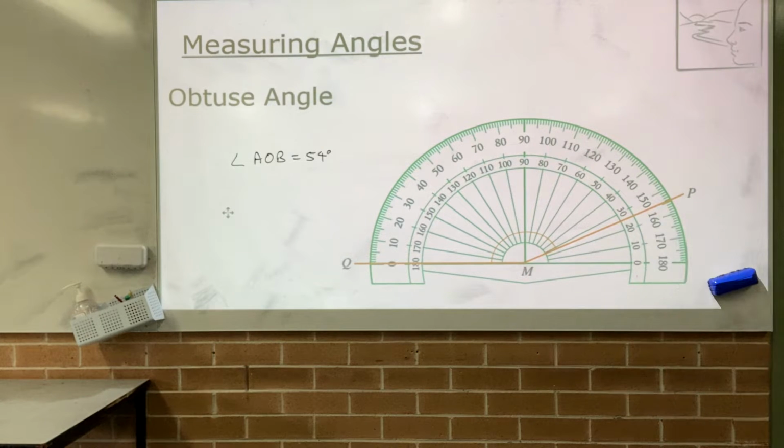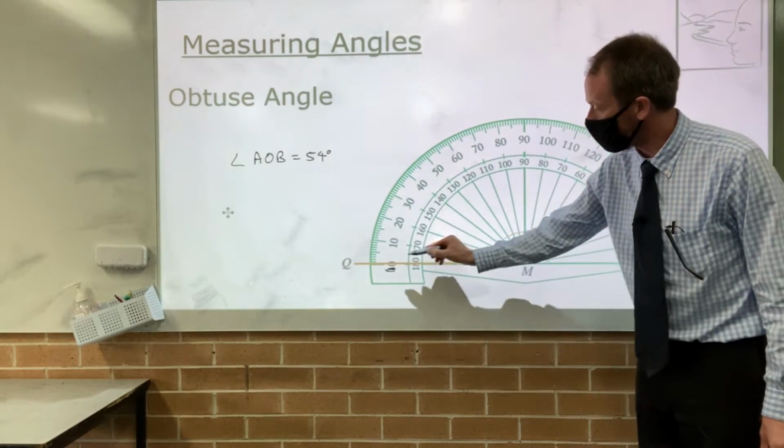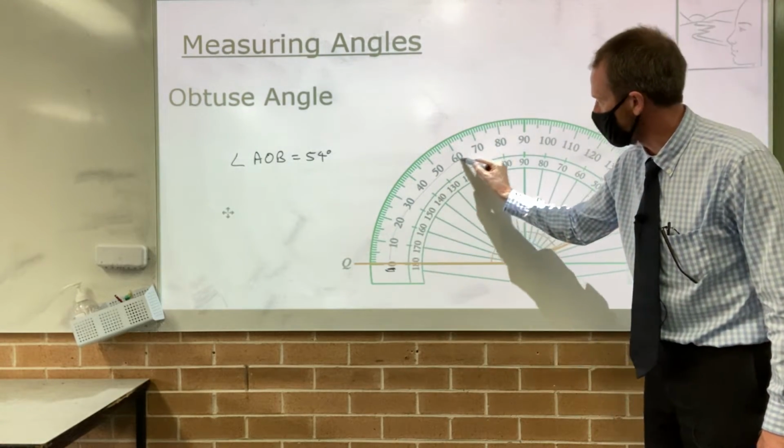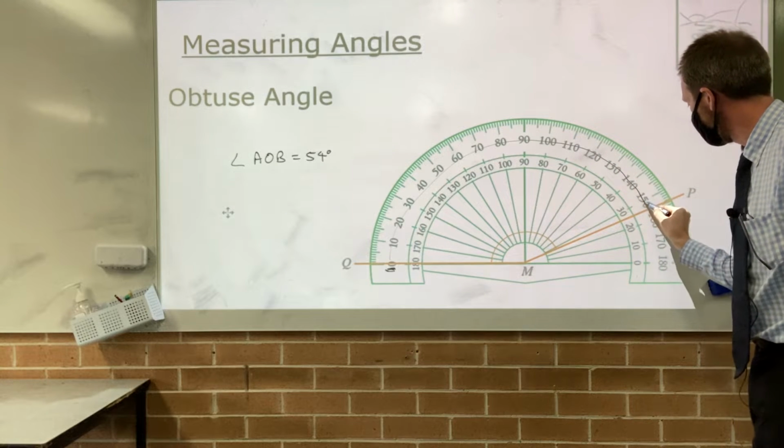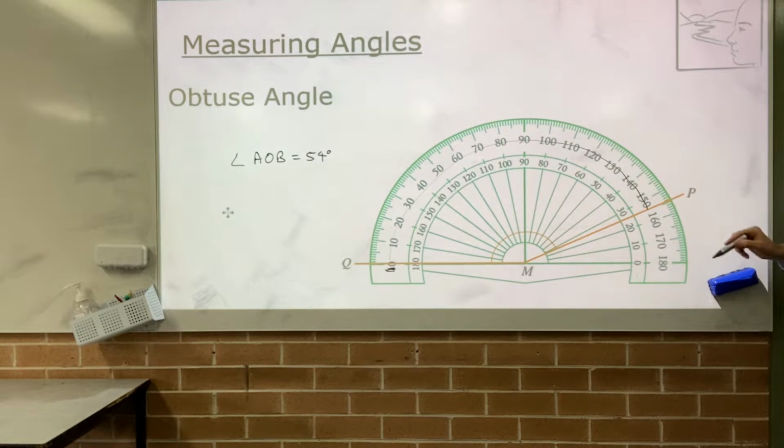So this time, my 0 is over here. So I need to follow the outside around. And I come around the outside and I get to 150, but it actually goes another 1, 2, 3, 4.